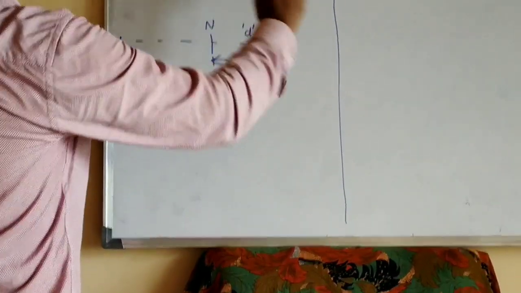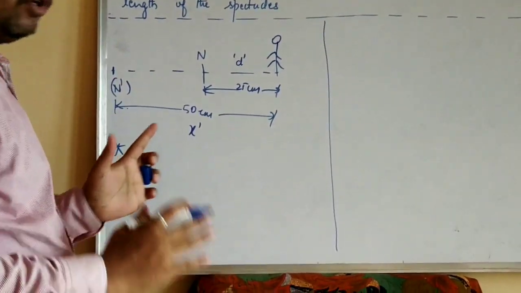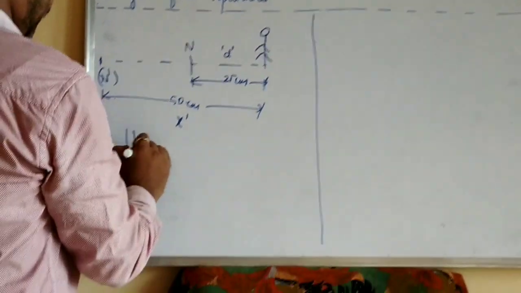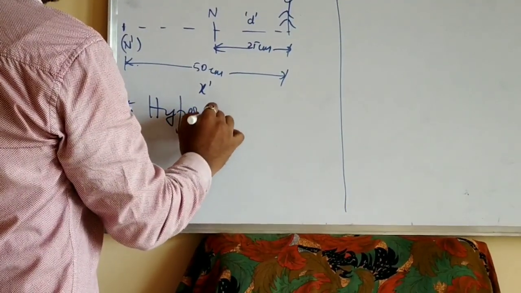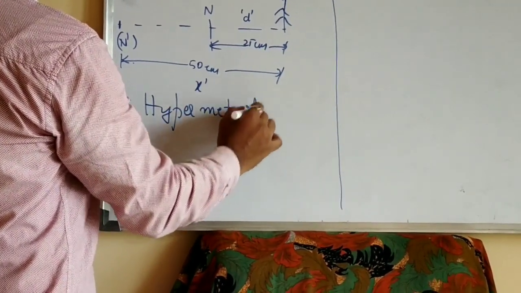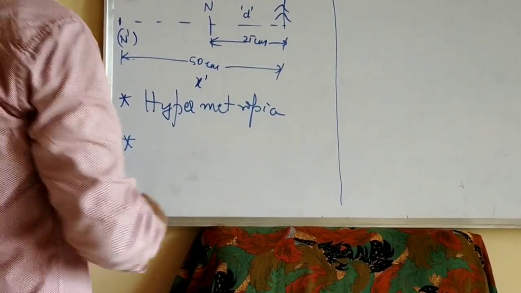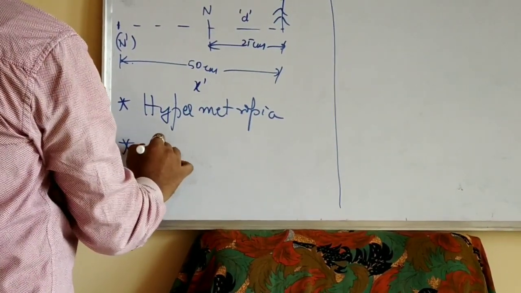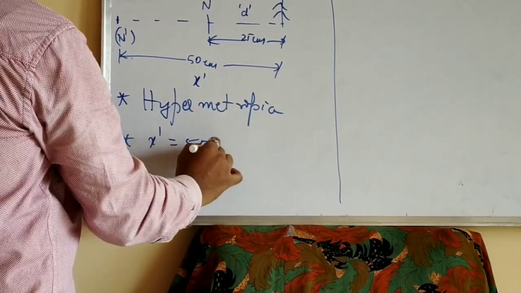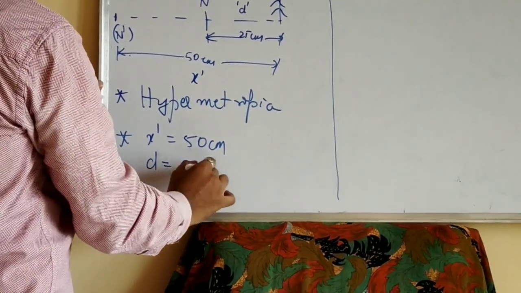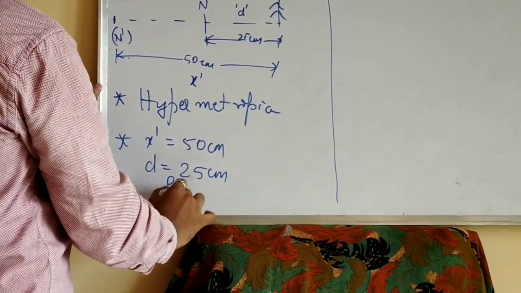Now here we should get into the groove of the problem. This person is having hypermetropia. Then you have the data, that is x dash is given, which is equal to 50 centimeters. Then small d is given, 25 centimeters. You have to find out the focal length.